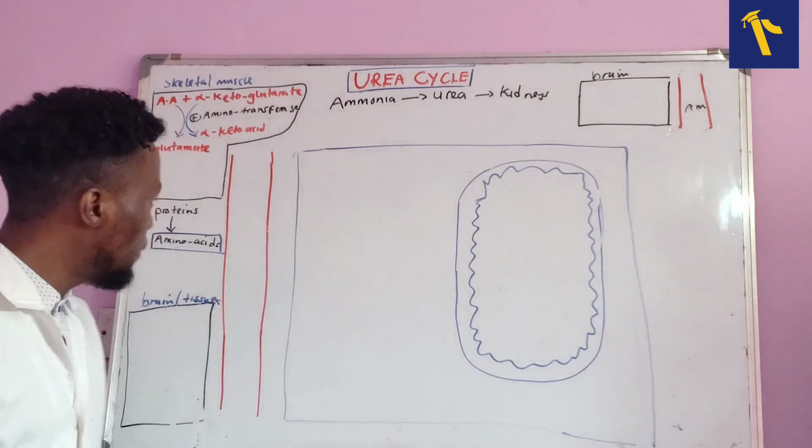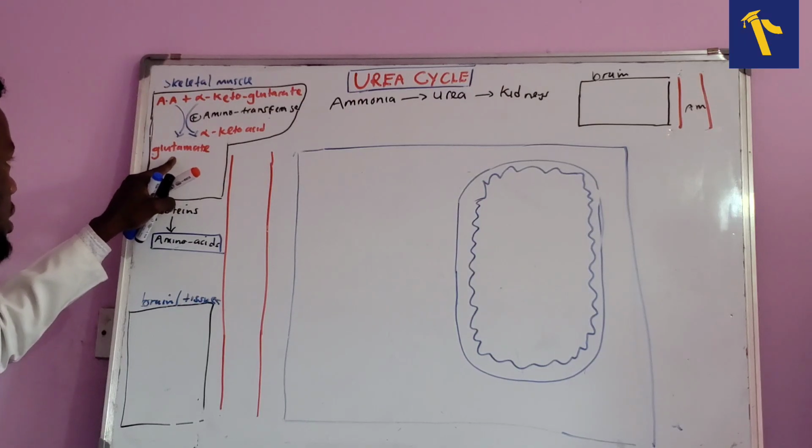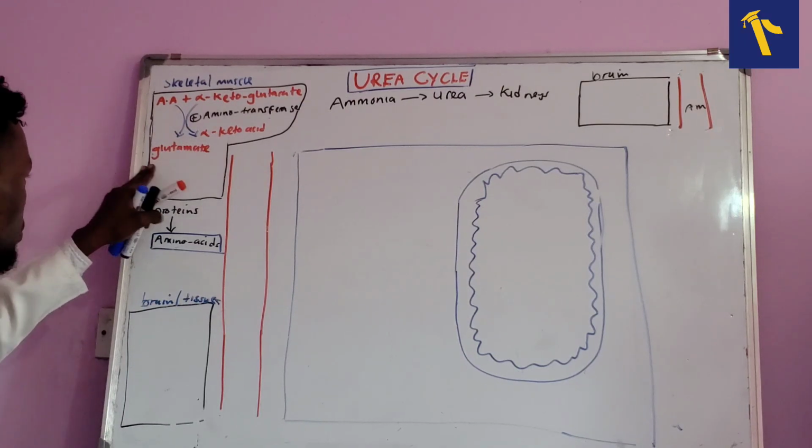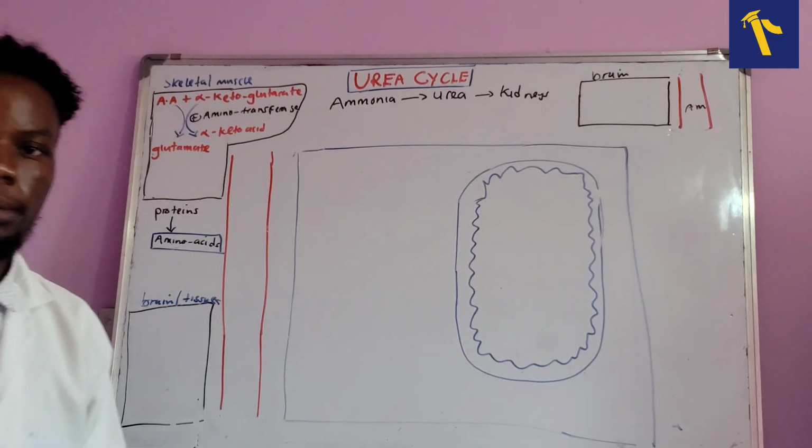Alright? Now, since we have glutamate here, what's going to happen in this skeletal muscle? Glutamate is going to combine with something which is very important.